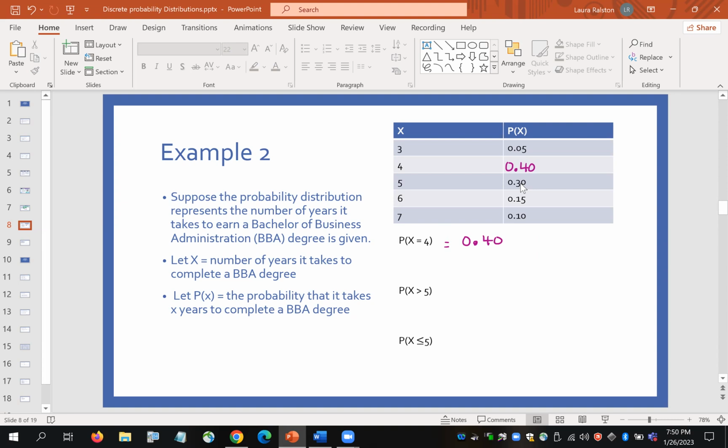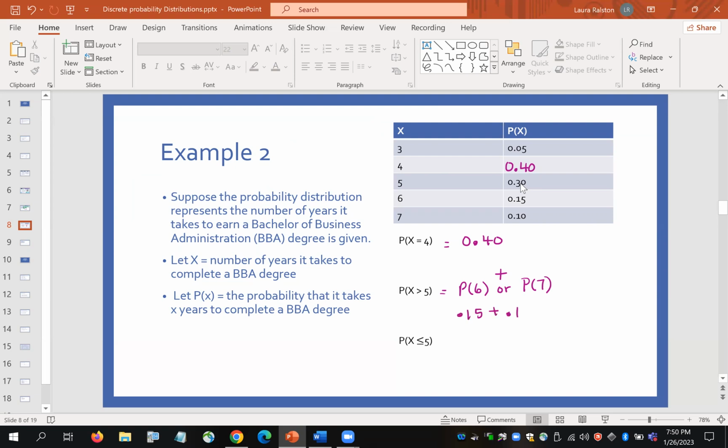Then you have the probability it takes more than 5, which would be the probability of 6 or the probability of 7. Again, the word or mathematically implies to add. So you would add those two probabilities together.